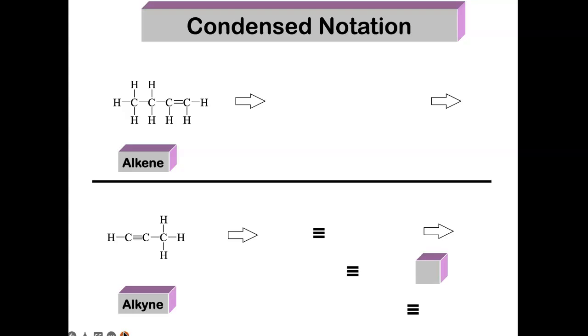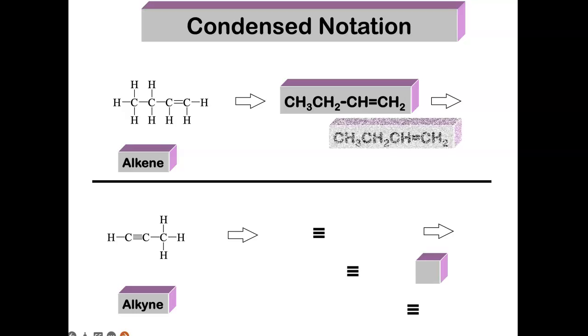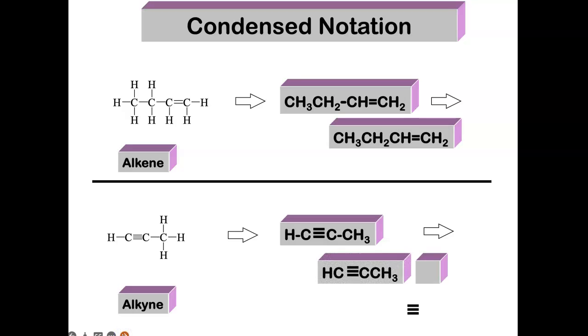So there's a couple of ways that we can write the notation. If you take a look here, the molecule at the top is an alkene because we have at least 1 double bond. The molecule at the bottom is an alkyne because there's a triple bond. And so we're going to prefer to draw the molecules as we have on the left, but you should be aware that they can condense the notation for these, and the location of the double and triple bonds.